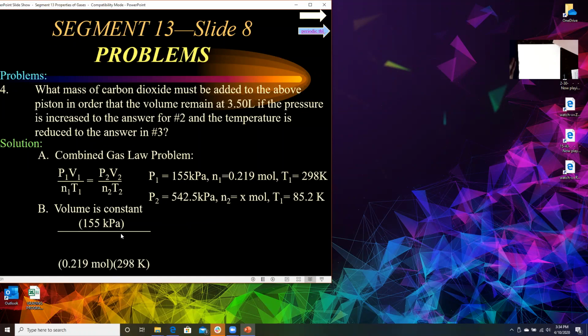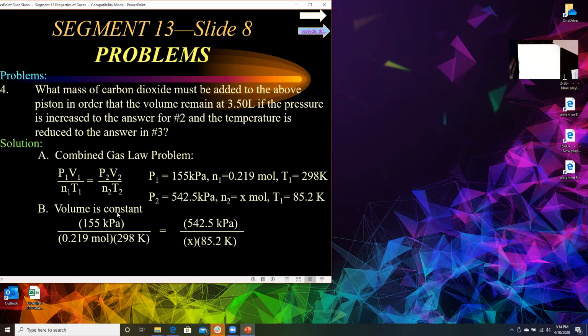So P1 over n1 and T1 will equal P2 divided by the number of moles in the second step. We're going to add some moles to it. I don't know what it is, but this is the temperature we got for the second step.